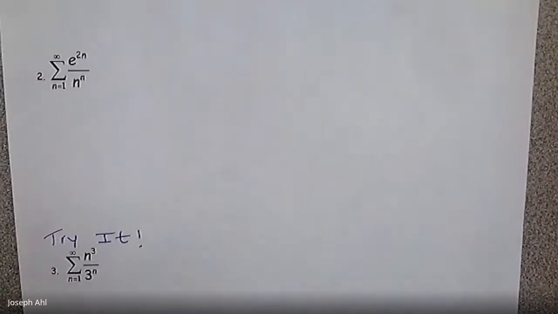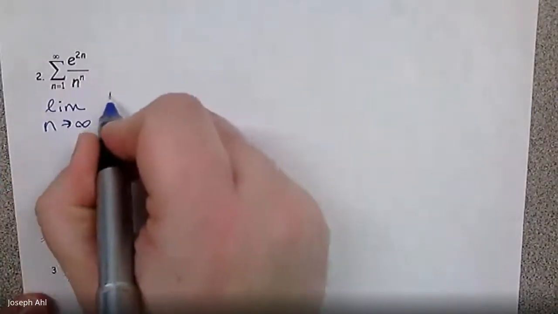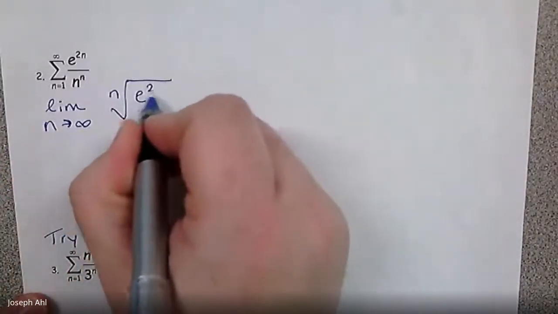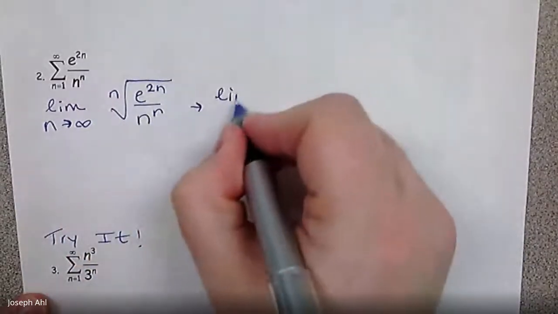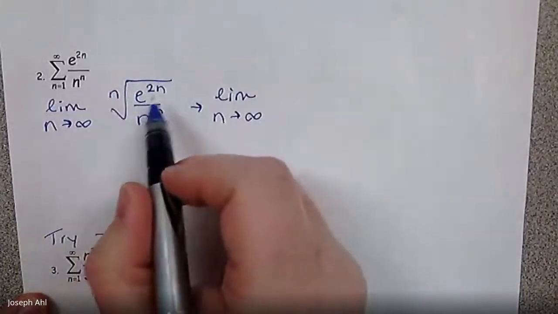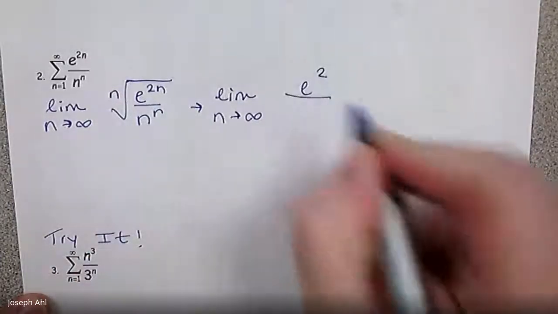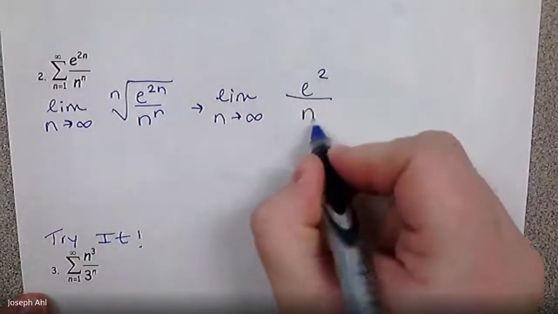All right, let's try it again for this one. I see some things to the n power. Let's see if the root test is conclusive here. The limit as n goes to infinity of the nth root of e to the 2n over n to the n. It's going to turn into the limit as n goes to infinity of, well, the nth root of e to the 2n is just e squared on top. So we have a constant. And the nth root of n to the n is just n in the bottom.